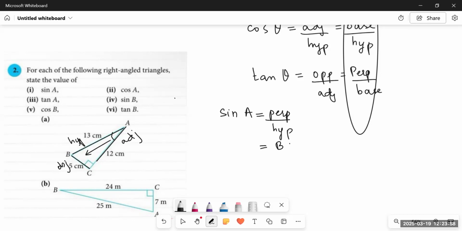BC upon the hypotenuse, which is 13. Or let me write BA. So the length of BC is 5 and that of BA is 13. So this would be sine A.